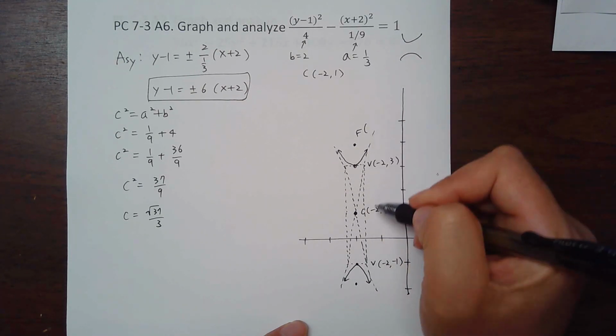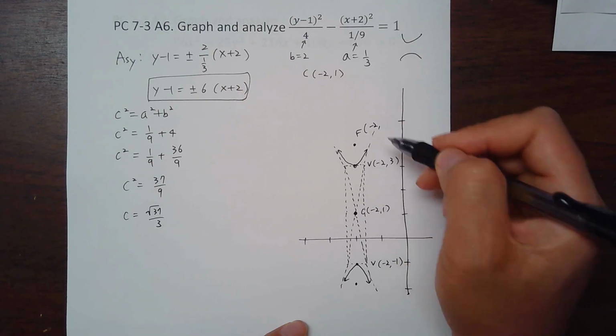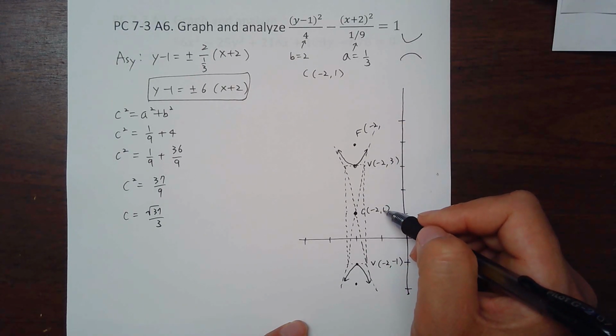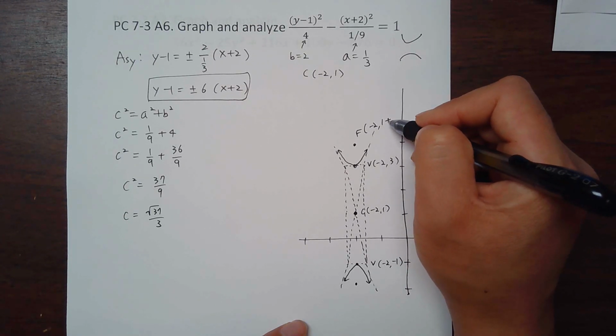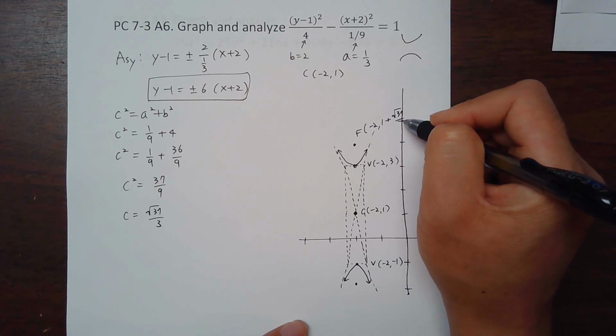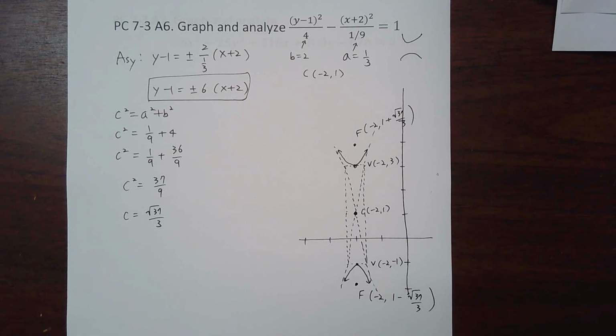So you start from center minus 2, 1. So from here you go up by c, so it'll be 1 plus the square root of 37 over 3. This foci will be minus 2, 1 minus square root of 37 over 3 will be your foci.